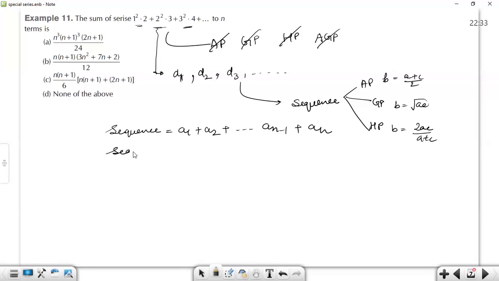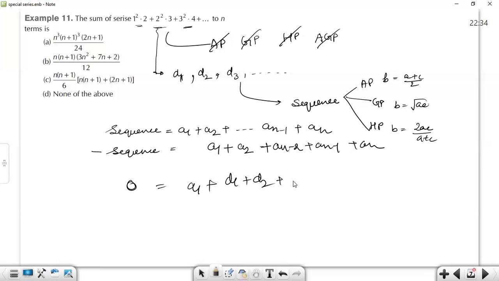And also write the sequence again, but this time shifted, writing a1 down here, a2 down here, and similarly a(n-2), a(n-1), a(n). Now subtract both of them. So the left hand side will become 0. The right side will become a1 plus (a2 minus a1) d1 plus (a3 minus a2) d2, like this. And how many terms are these? n minus 1 terms, d(n-1).